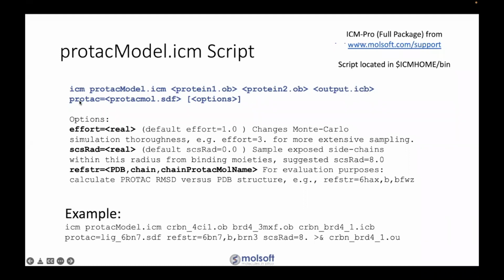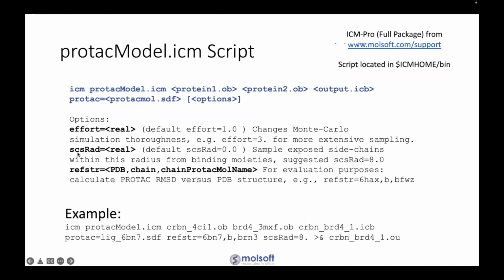You then provide the PROTAC in SDF format. And then there are some options. So there's a parameter for effort. By default, the effort is 1. This value changes the length of the simulation. So for more extensive sampling, you may want to increase the effort to 3 or more, but the higher it goes, the longer the simulation will take to run.